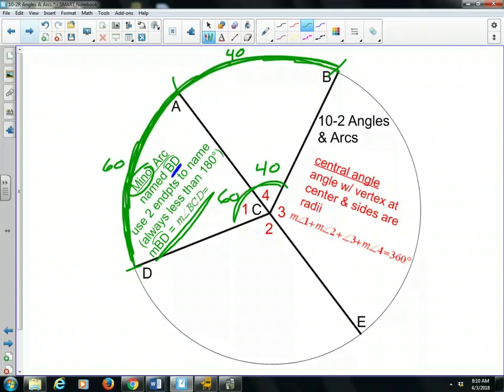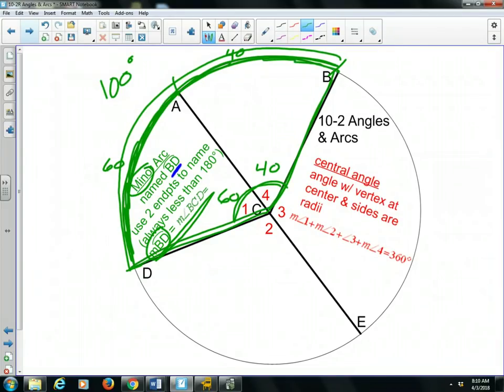So the measure of arc BD from here all the way to here would be 100 degrees, right? It is the measure of angle BCD, and BCD is also 40 plus 60, 100 degrees. And as you can see, a minor arc is going to be less than 180 degrees. In this case, it's 100 degrees, okay?